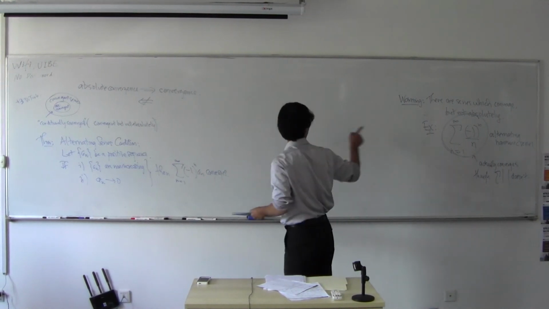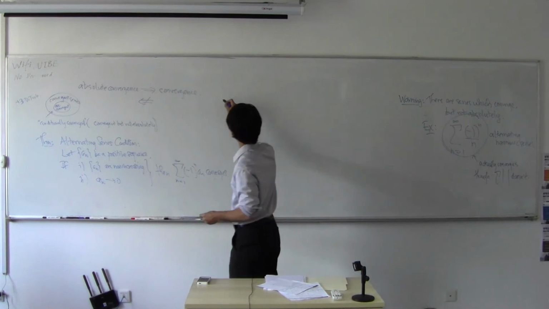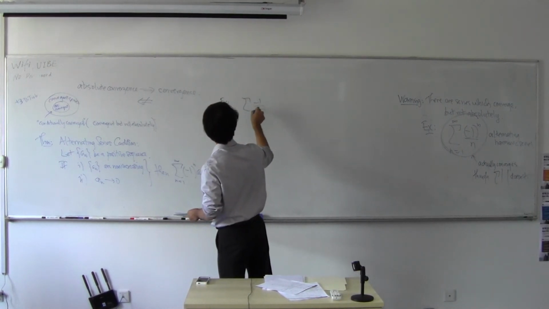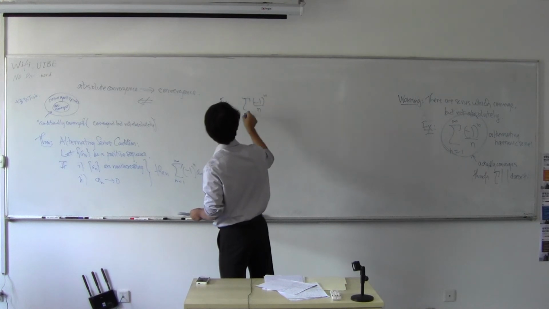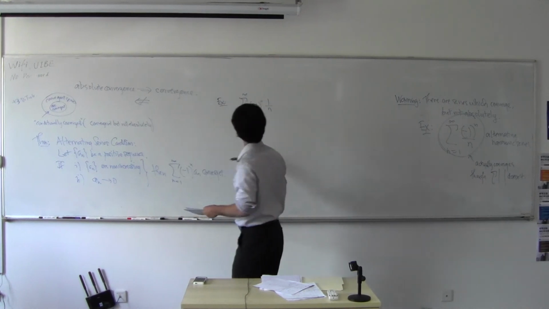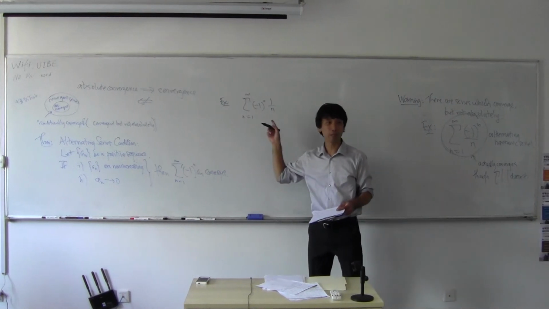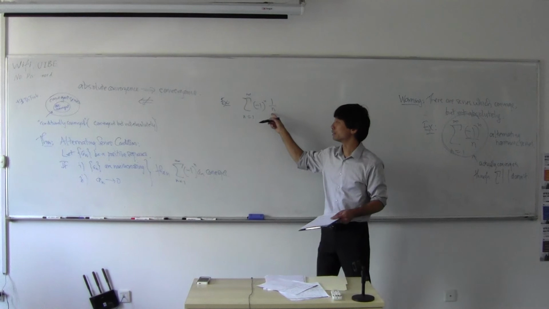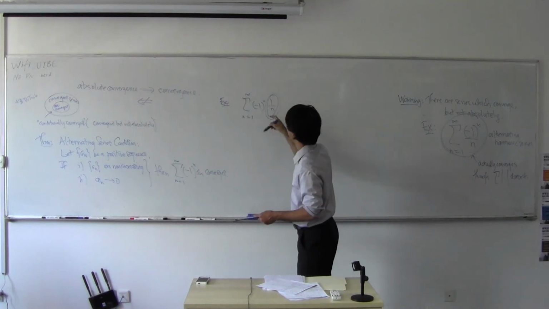Okay, so here's the example, right? The alternating harmonic series. These guys are your A sub n.